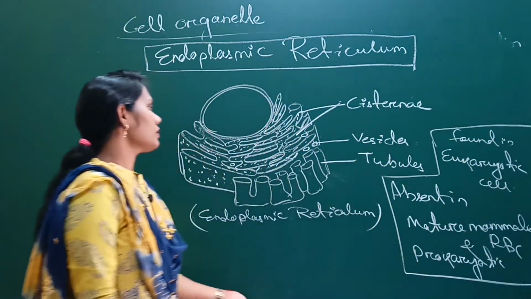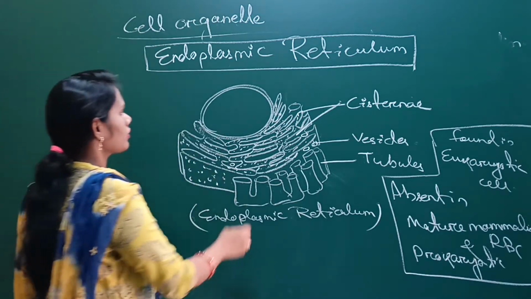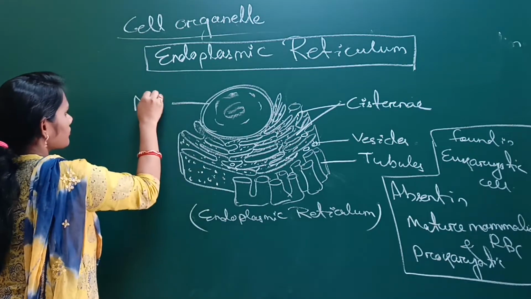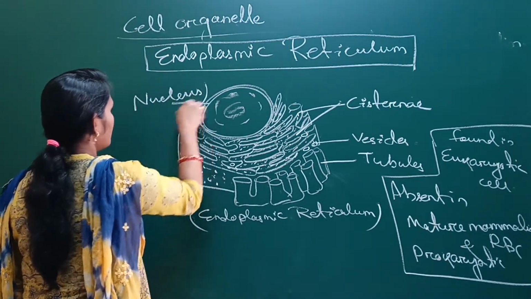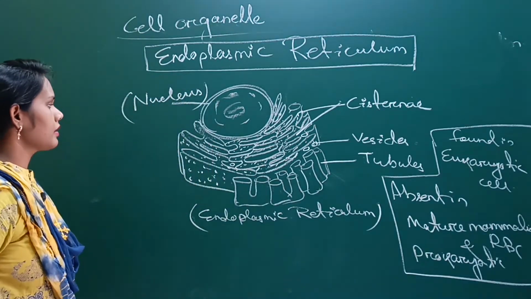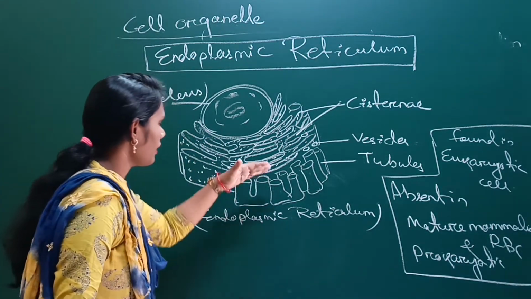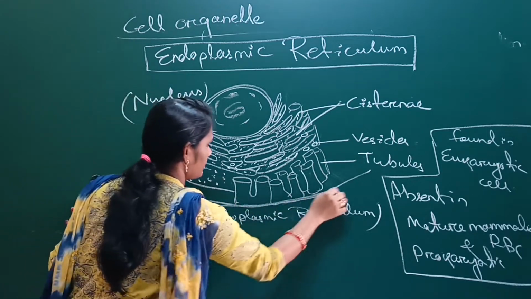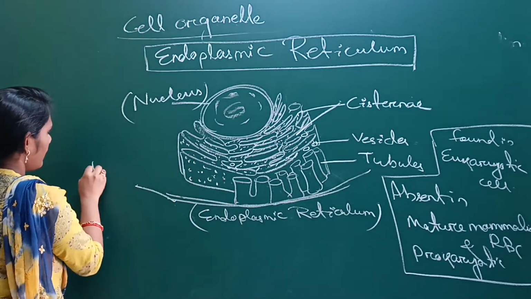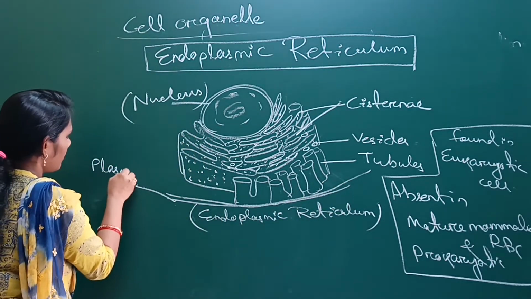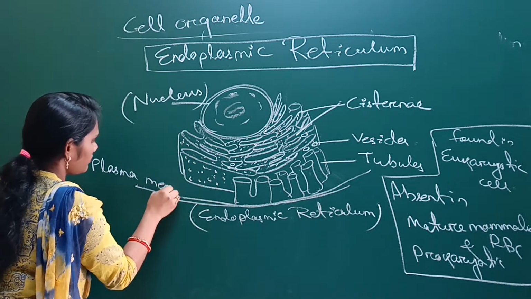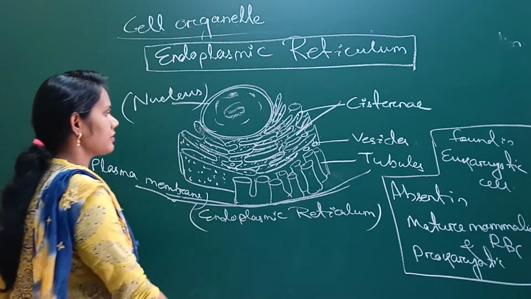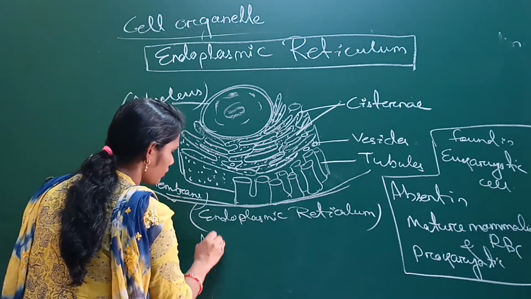Okay, so this is the structure of endoplasmic reticulum, and here it is the nucleus. It is attached to the nuclear membrane and can extend up to the plasma membrane. This is the cell and this is the plasma membrane. Okay. So endoplasmic reticulum is a network-like structure.